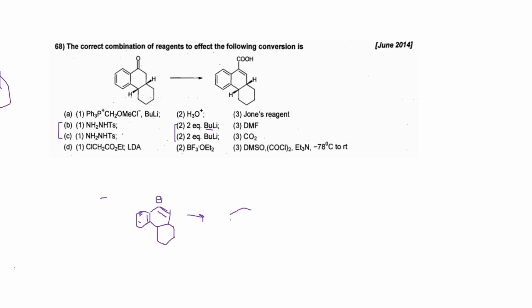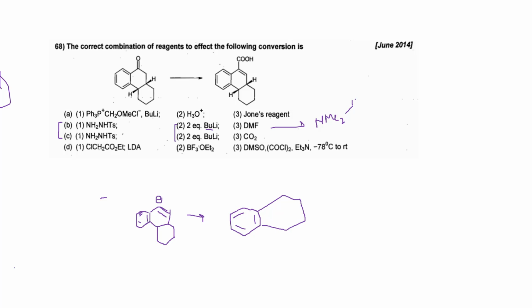Then you can see from the product that there is an incorporation of an acid group. From the synthon knowledge, you know that whenever you need an aldehyde, a CHO group, the source of a CHO group will usually be DMF, dimethylformamide, because NMe2 acts as a good leaving group.